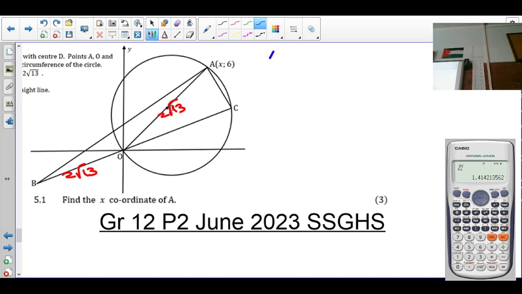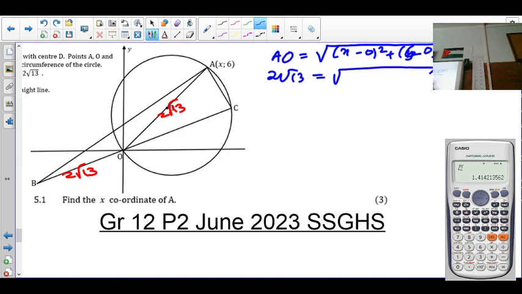So AO squared is equal to x minus 0 squared plus 6 minus 0 squared. But AO is 2 root 13, which is equal to the square root of x squared plus 36.